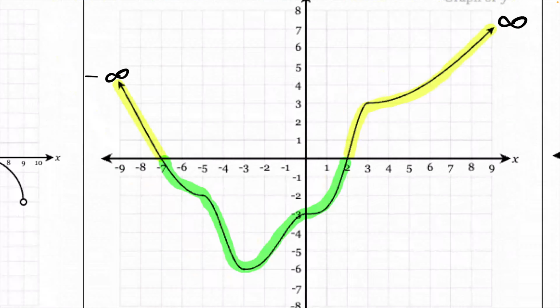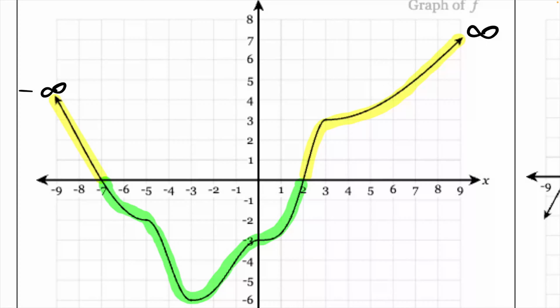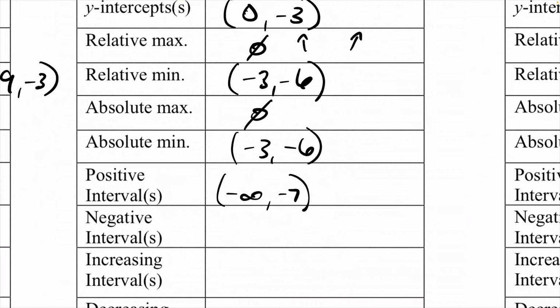And then it goes down and hangs out there for a while. When does it go back up? 2 to positive infinity. Let's write that down. If there's another one, we write that symbol again. So 2 to positive infinity.